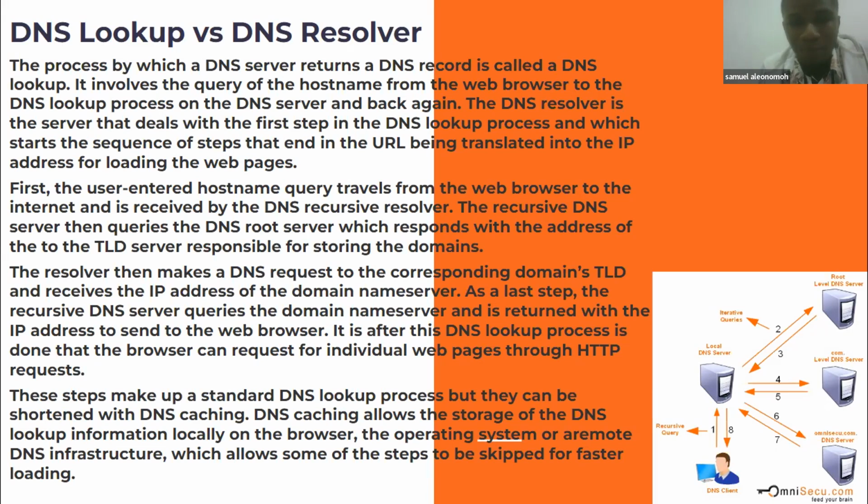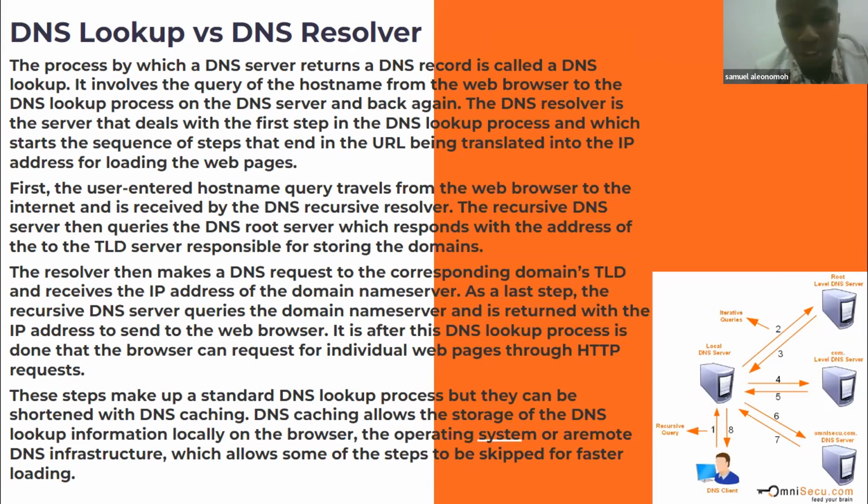As the last step, the recursive DNS server queries the domain name server and is returned the IP address to send to the web browser. It is after the DNS lookup process is done that the browser can request individual web pages through HTTP requests. These steps make up a standard DNS lookup process, but they can be shortened with DNS caching.